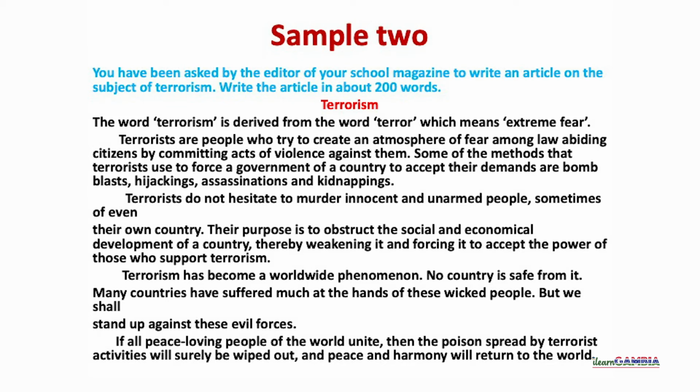So you can see this sample has all the features of a good article. There is a heading, there is an introduction, and there is a body, and of course the body consists of 3 paragraphs which are chronologically arranged, and of course there is a concluding paragraph.